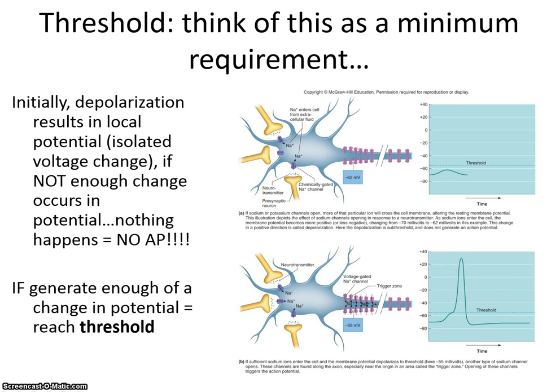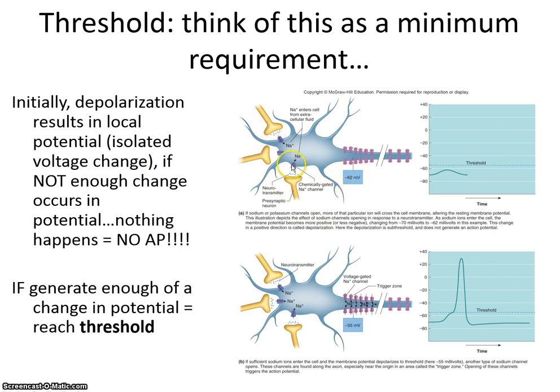Okay? So again, I say here that initially depolarization results in a local potential. So this is local, just here, right? As opposed to an action potential, which is going to be generated here in the axon. All right? If not enough change occurs in this membrane potential, which we're measuring here, nothing happens, no action potential. If you generate enough of a change, as you see here, then you reach threshold and you will start an action potential. So again, they're giving a measure of this change here.